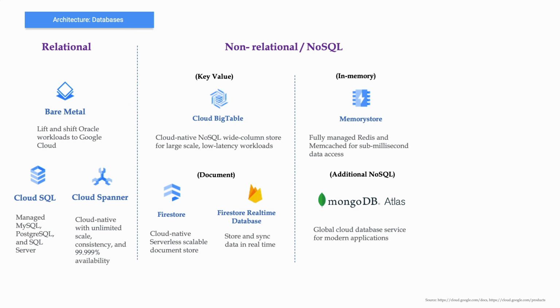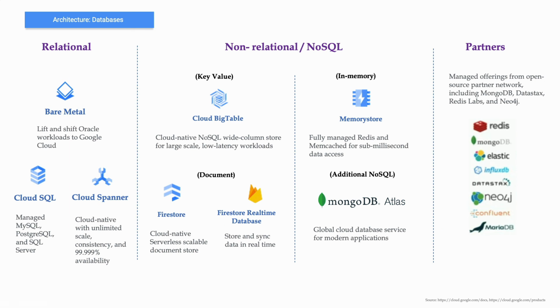MongoDB is really useful, and MongoDB is directly integrated within Google Cloud Platform. You can access it directly from your Google Cloud Console. It's really ideal for mobile, web, or IoT applications. Gaming and content management are good use cases as well.